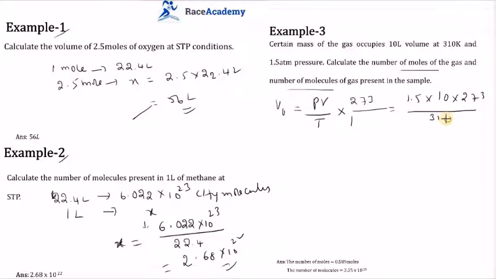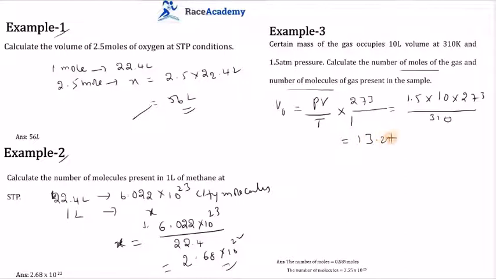Start doing the calculation for it. We'll check using a calculator. That is 1.5 into 10 into 273 divided by 310. I got exactly 13.2096.